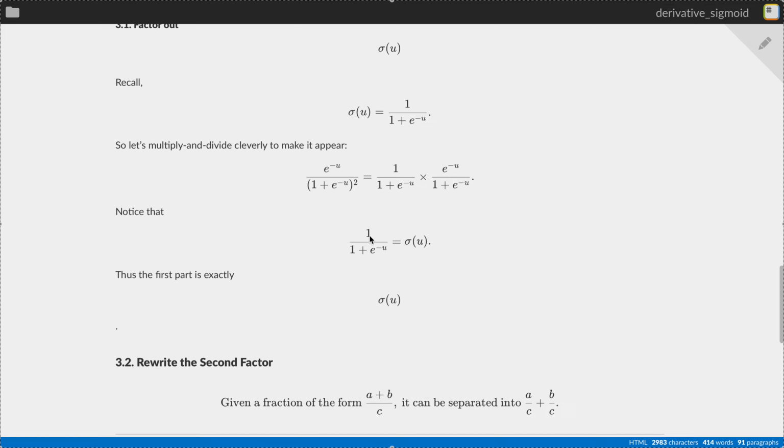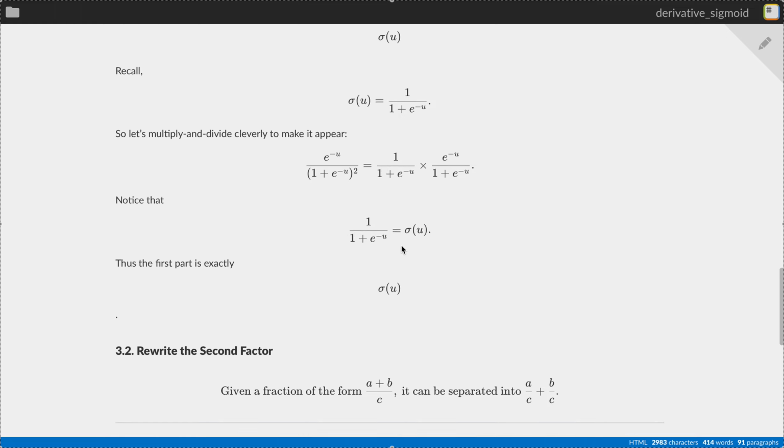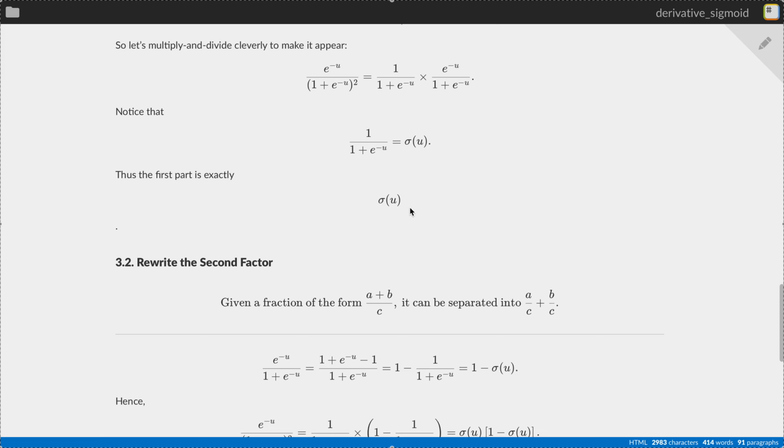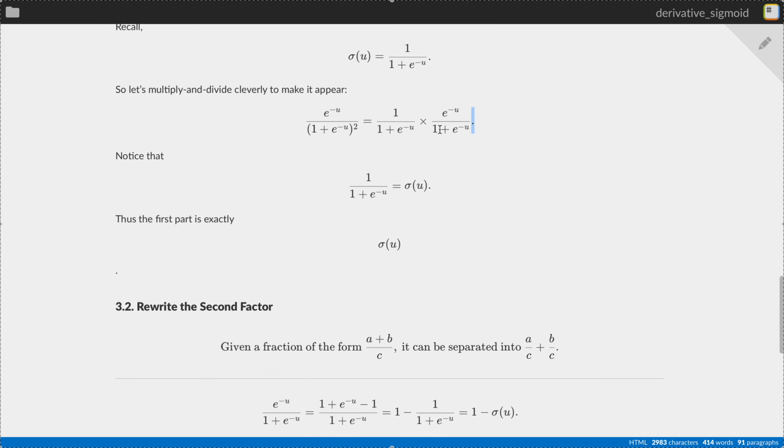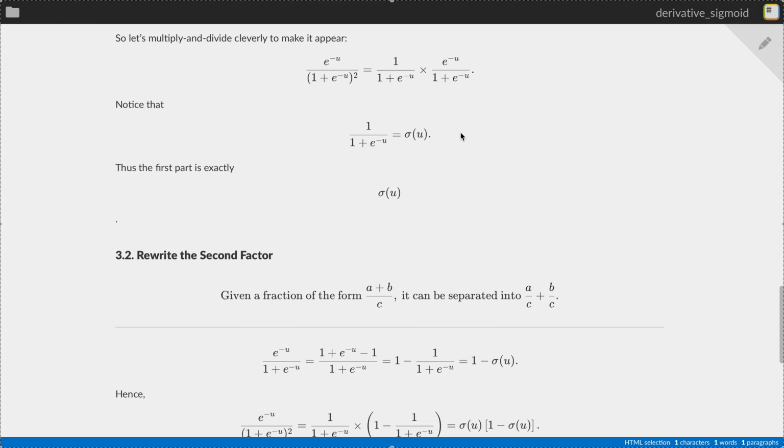Remember, the first part is exactly sigmoid u, because this part, 1 over 1 plus e to the negative u, is essentially the sigmoid. Now we can rewrite the second factor. Remember, this is the second factor, e to the negative u over 1 plus e to the negative u.